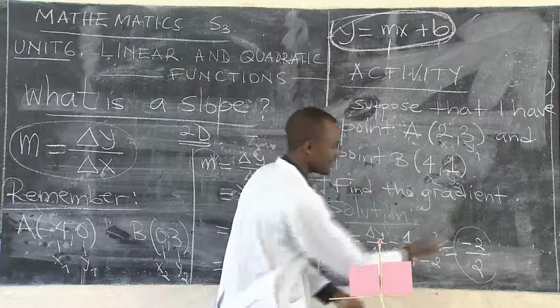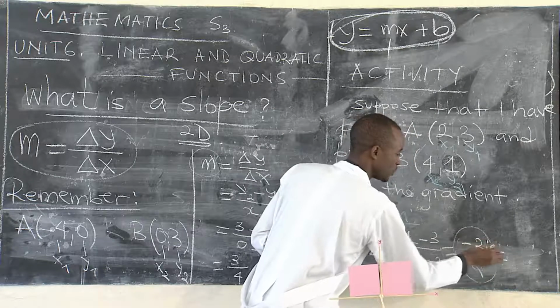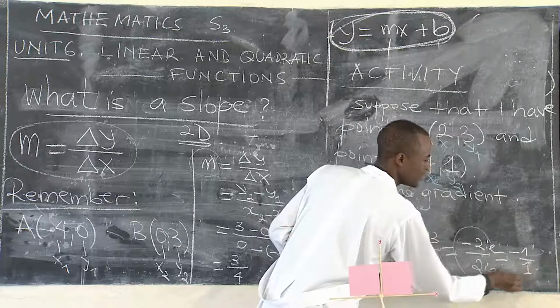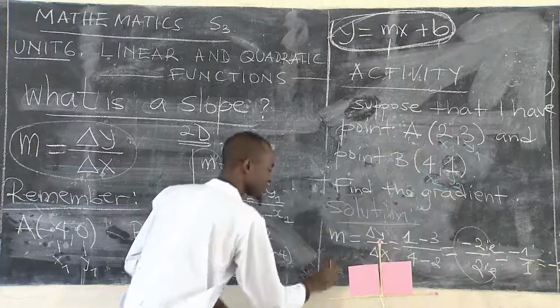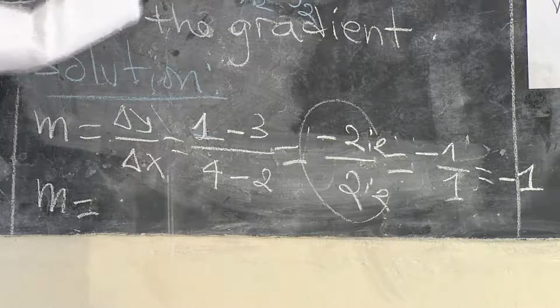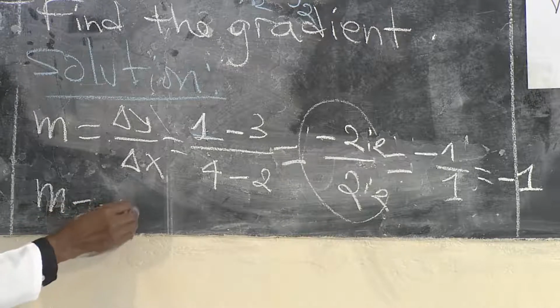And I can simplify my fraction. If I simplify by 2, here I get negative 1 over 1. And of course I get negative 1. Means the gradient of a line that passes through these 2 points is equal to negative 1.